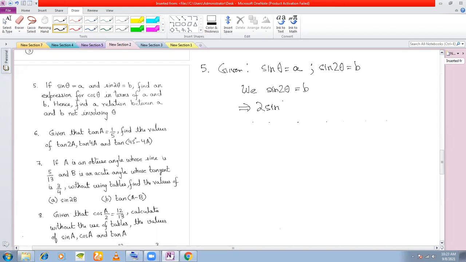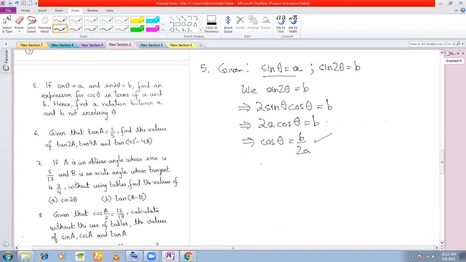Multiple angle formula, 2 sine theta cos theta is equal to B. Now, do we know the value of sine theta? Yes. Put it: 2A cos theta is equal to B. That means what is the value of cos theta we are getting? B by 2A. And that was the question. So we have got cos theta in terms of A and B.